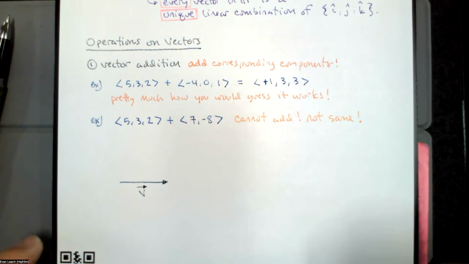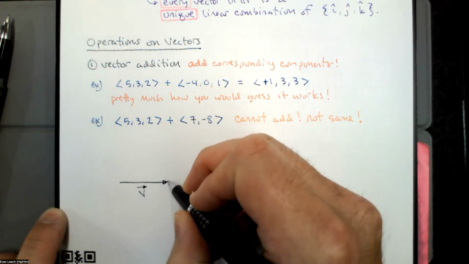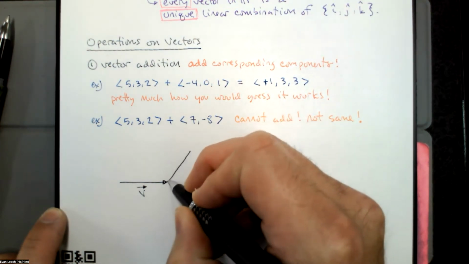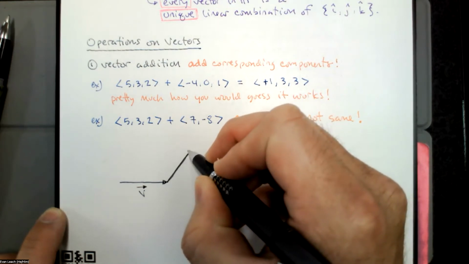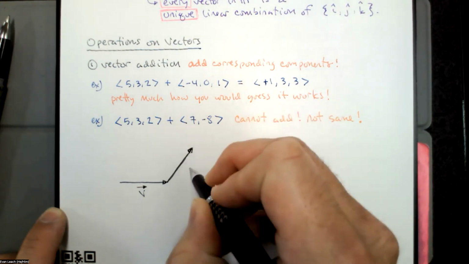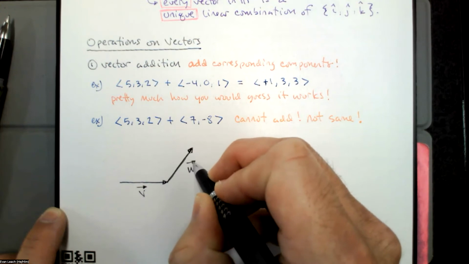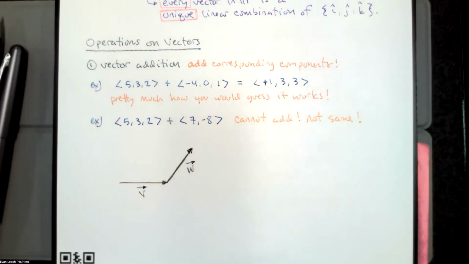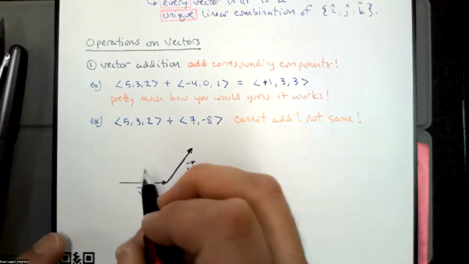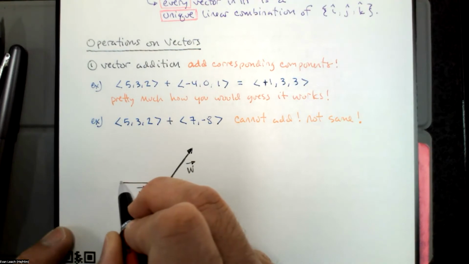First we do v, and then we'll draw the vector w. The sum of those vectors will start at the end of our first one and go to the end of our second one. So this would be our sum vector.